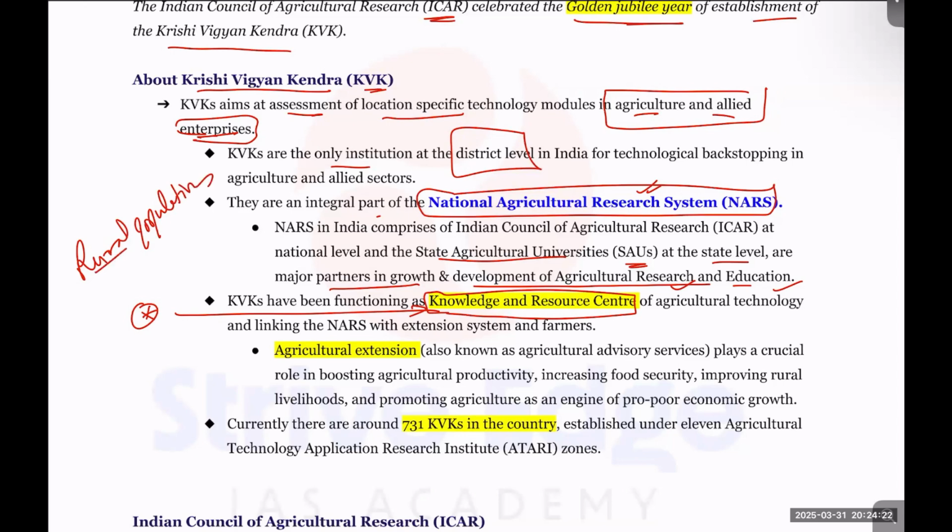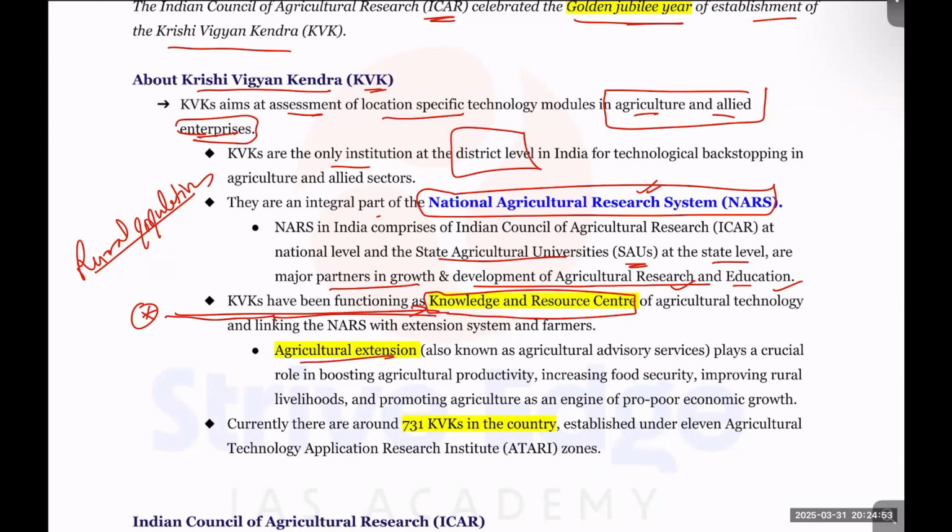If the rural population is illiterate and doesn't have an idea of doing agriculture, which pesticide will be good, which type of agriculture system or practice will be best, then the Krishi Vigyan Kendra goes to the farmers and disseminates the knowledge and resources to them, right? So in that sense, the role of the Krishi Vigyan Kendra becomes very important.